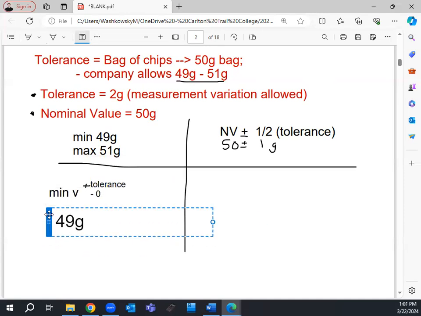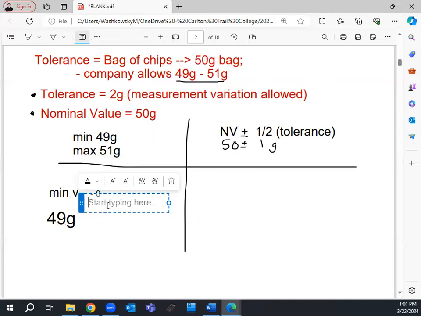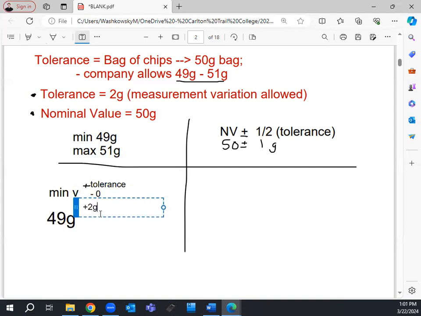That is non-negotiable, but you can be up to 2 grams heavier. You can have up to an extra 2 grams, because remember, we said 51 grams is fine. But you can't make it any smaller. That plus is plus 2 grams. You can go up to 2 grams bigger, but you cannot make those any lighter. You cannot put any less potato chips in there.